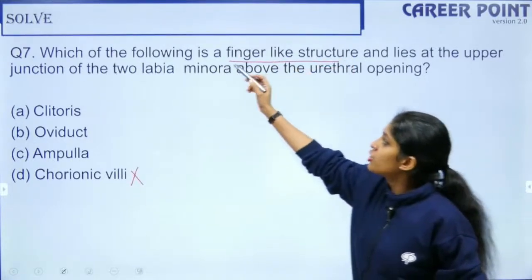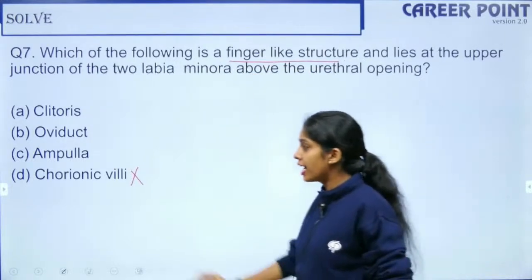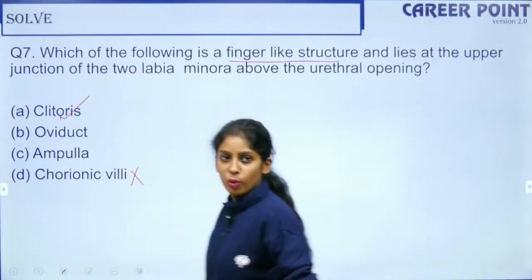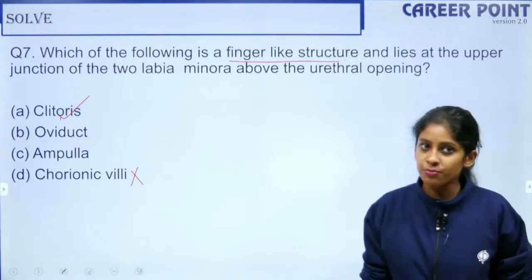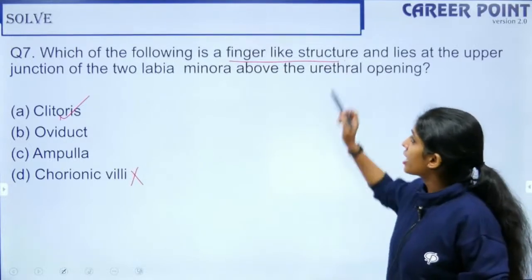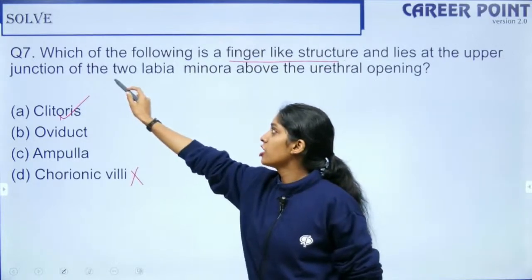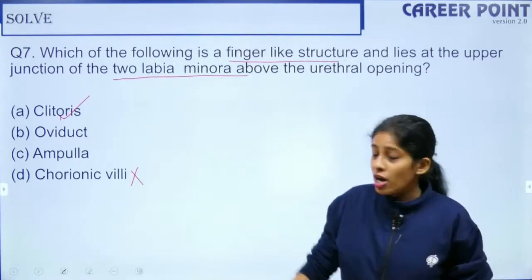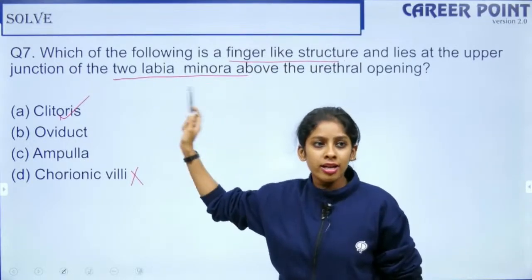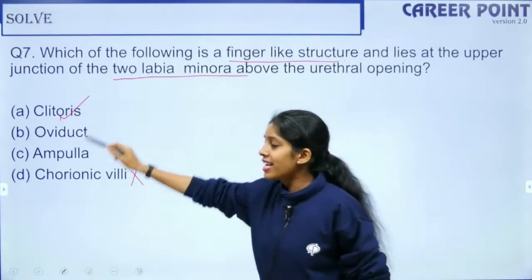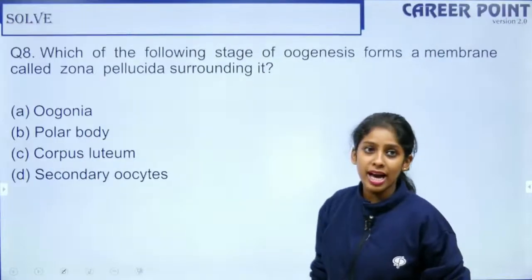They are asking about the two labia minora, so this is in the external female genitalia. So this is clitoris. Chorionic villi comes after your implantation. Read the whole question. That lies in the junction of two labia minora. Do you have chorionic villi here? No, they are talking about the external female genitalia. So the right answer here is clitoris. Don't make a mistake like this, right?